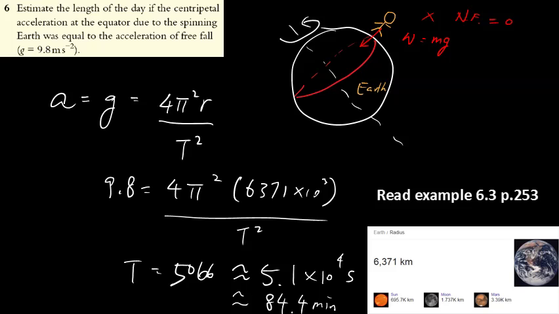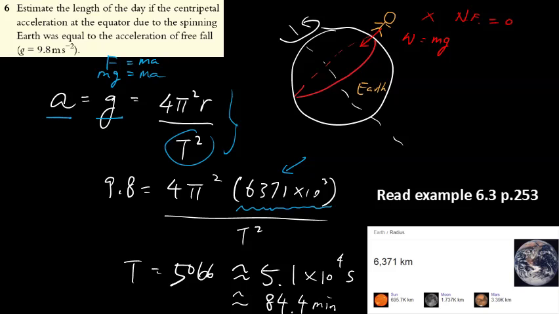So by calculation itself, you would say acceleration equals g, or you may say F equals ma, which is mg equals ma, which leads to the same thing, g equals a. And therefore a is, well, we'll be using this equation because it tells you the period. You substitute all the things you know. However, there's one thing that you don't know, which is the radius of the Earth, of course.